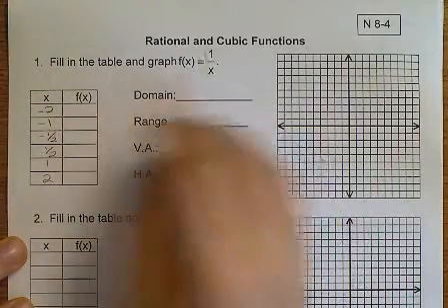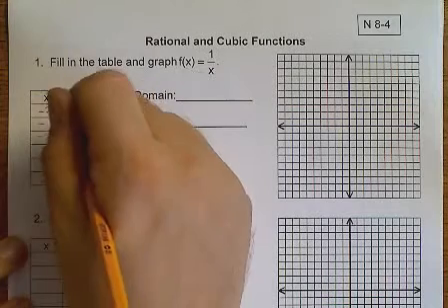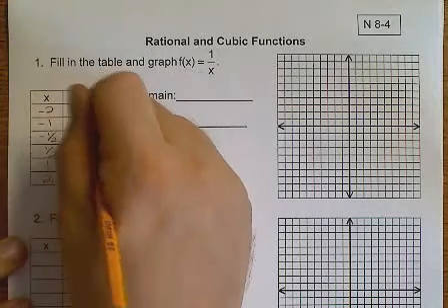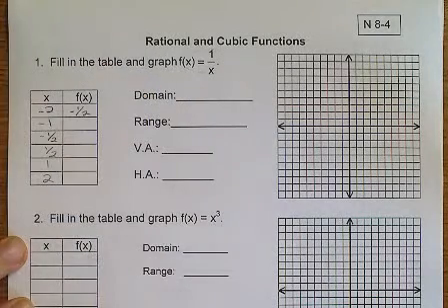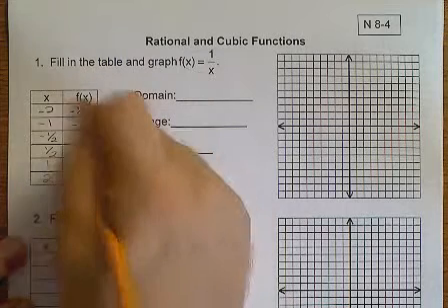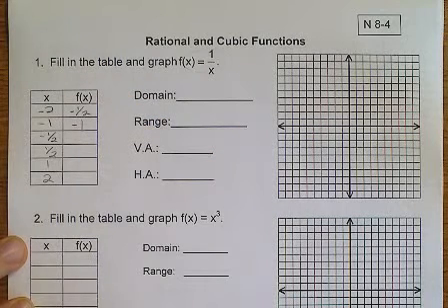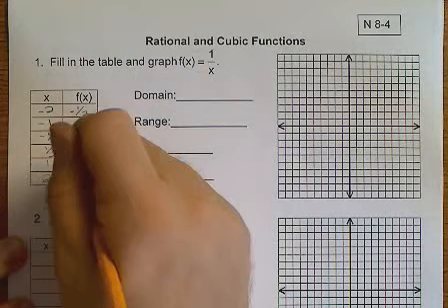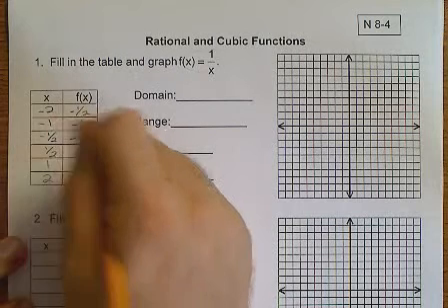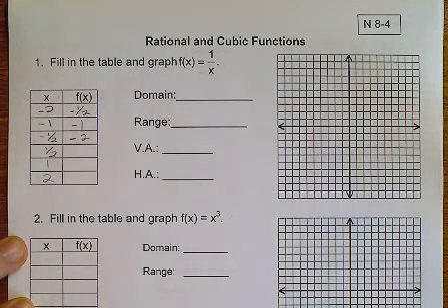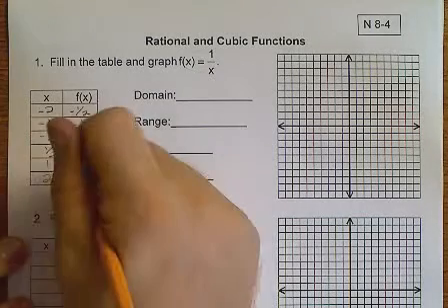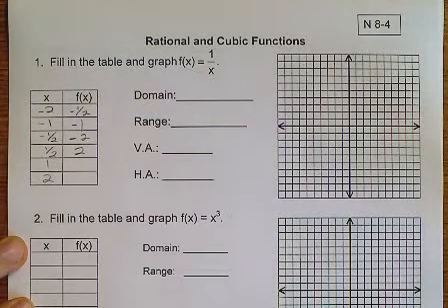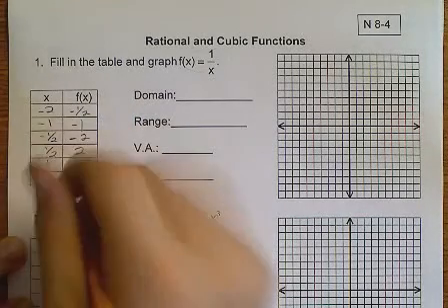So 1 over -2, that's -1/2. 1 over -1, -1. 1 over -1/2, well, that comes out to -2. 1 over 1/2 is +2. 1 over 1 is 1, and 1 over 2 is 1/2.